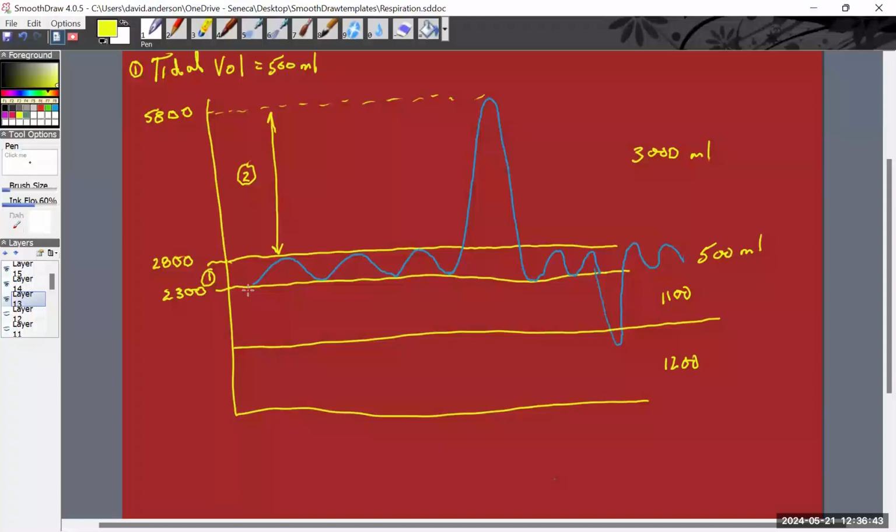And then we need to consider this volume and this volume. So we're going to put some names to some of these as far as that goes. So this would be the third number and a fourth number here.